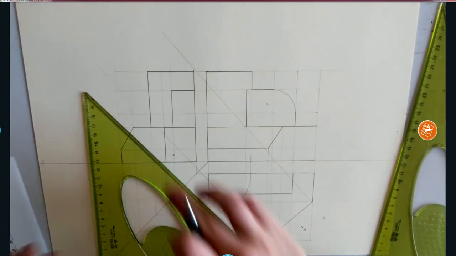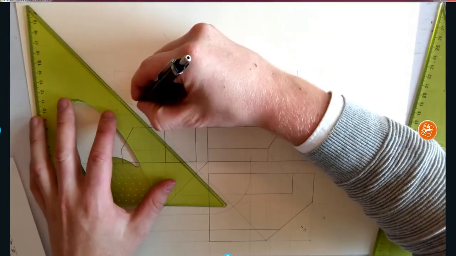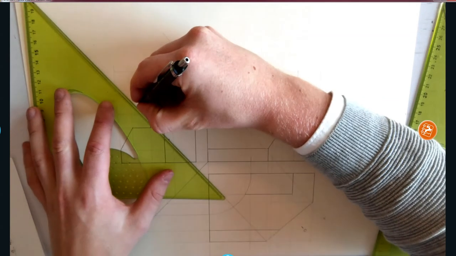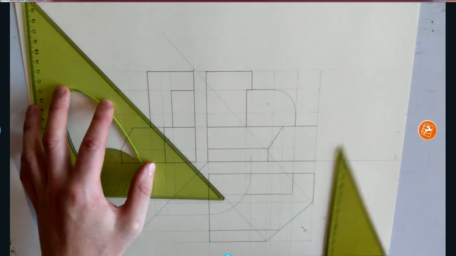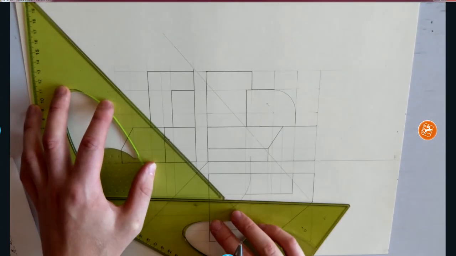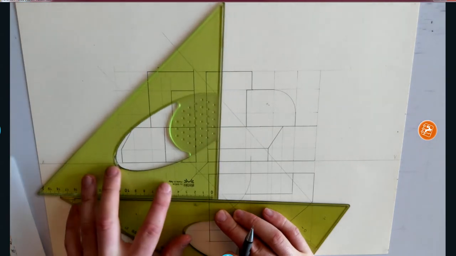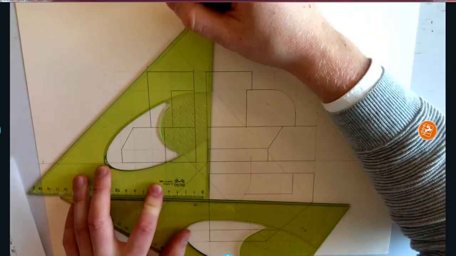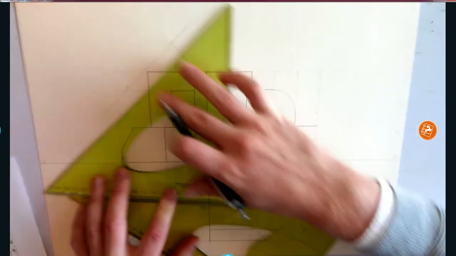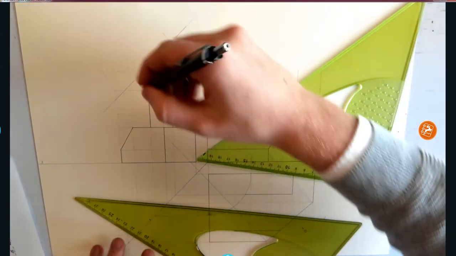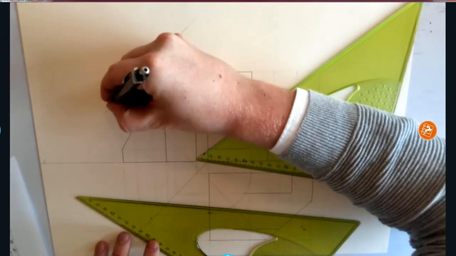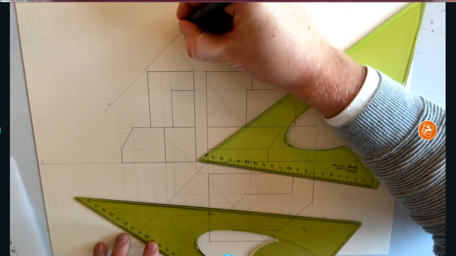And now we want to find perpendicular lines to these two lines that we just drew. Okay, so that now is our x1, y1 line.